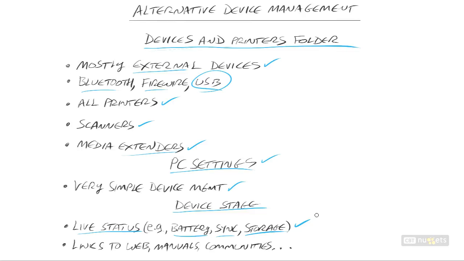Also, it can do additional things so that if you need to get to the web page for that device, it'll link you to the web page, maybe give you manuals. You can maybe connect to the support communities and ask various kinds of questions from that device. So that's just another location where you can manage your devices.